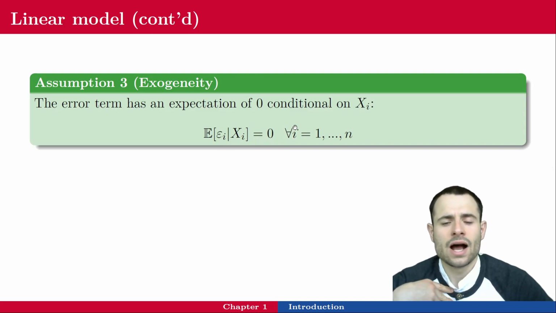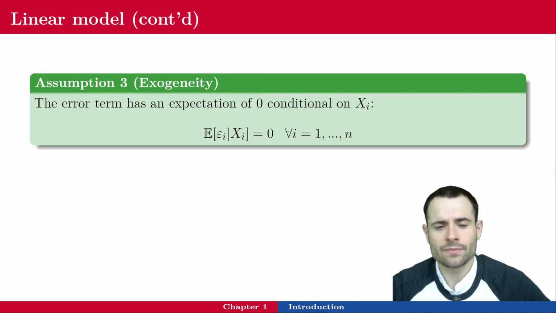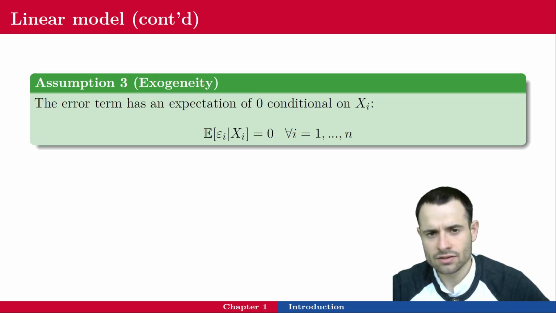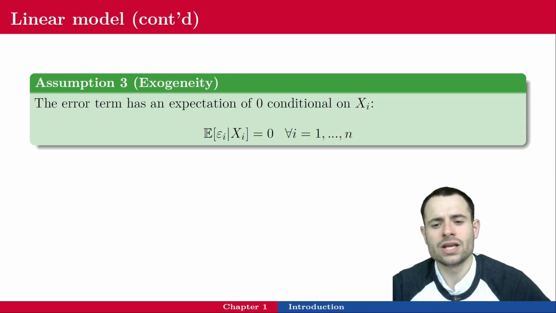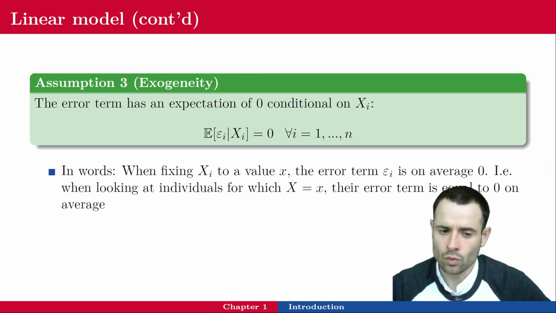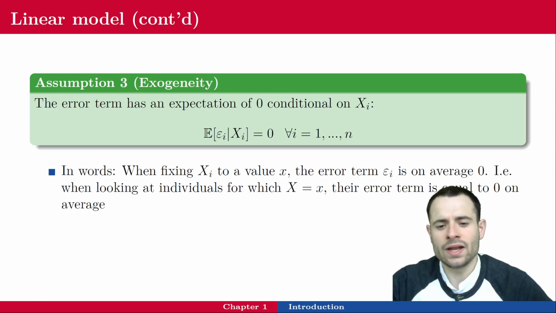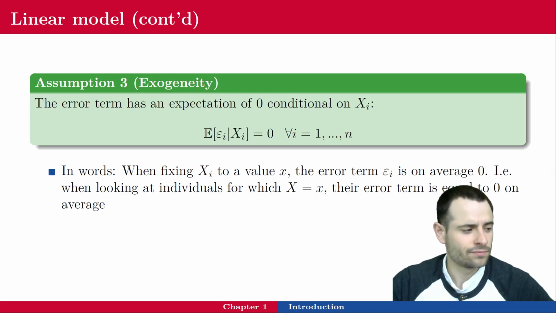So for me, as well as for you, as well as for someone else, on average, if you fix everybody's x, everybody's error term on average is equal to 0. In words, if you fix xi to any value small x, whatever the value is, the error term epsilon i is on average equal to 0. So if I look at individuals for which x is equal to small x, then their error term is equal to 0 on average.